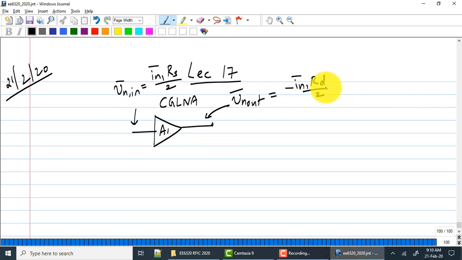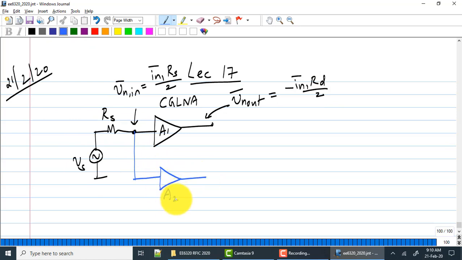Okay, so this much we know. I'm going to take an auxiliary amplifier. In this case, I'm tapping it directly from the input. This is A2. And my output is going to be seen differentially. So let us say this was some VNO2.